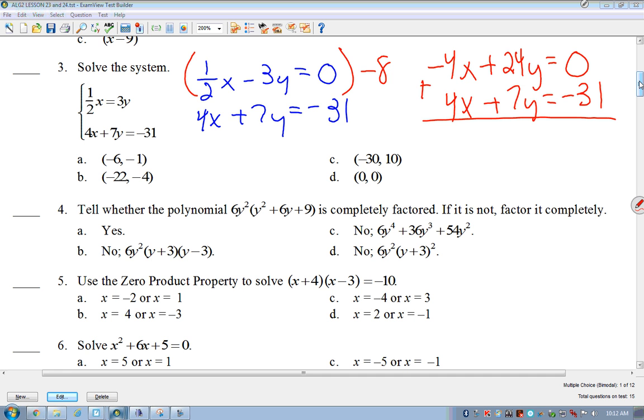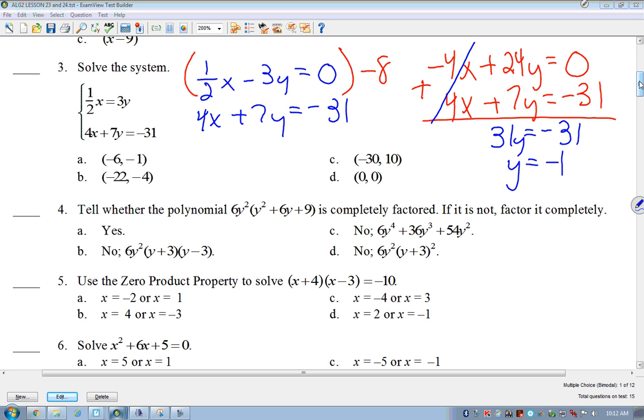Whenever I add those two equations together, what happens to the x's? They cancel. What's 24 plus 7? 31y equals negative 31. So what is y? y equals negative 1.